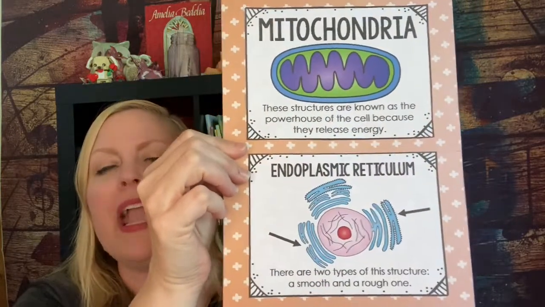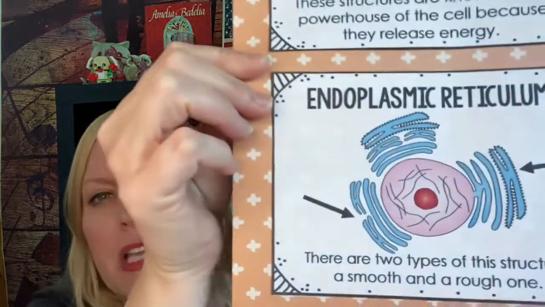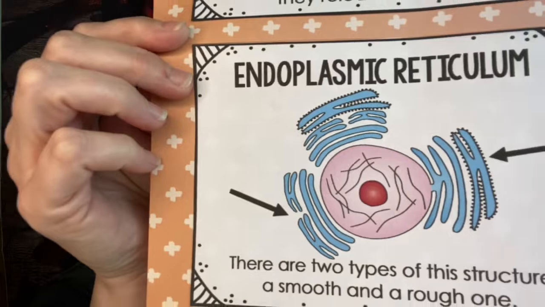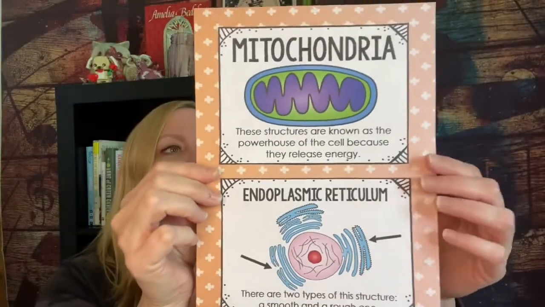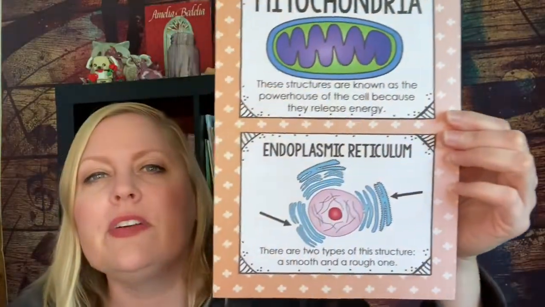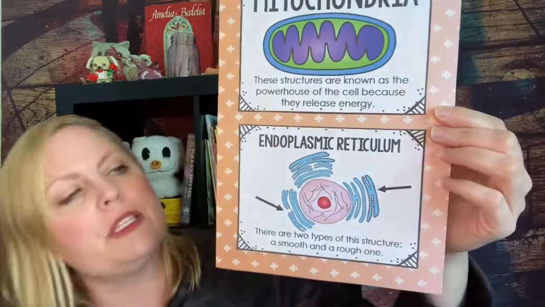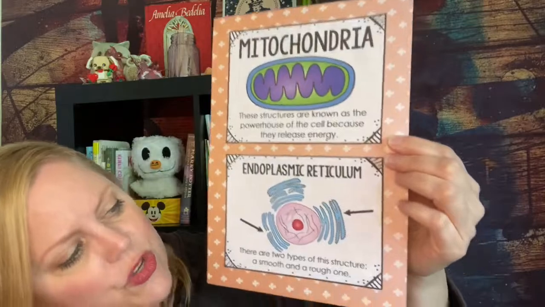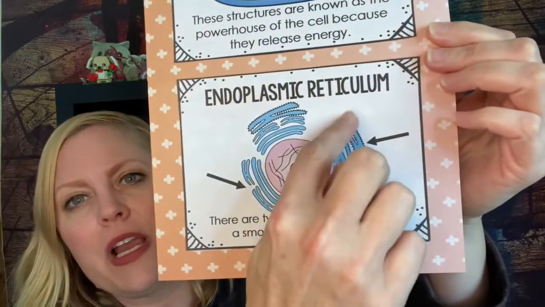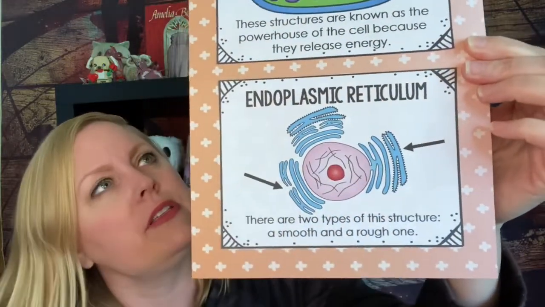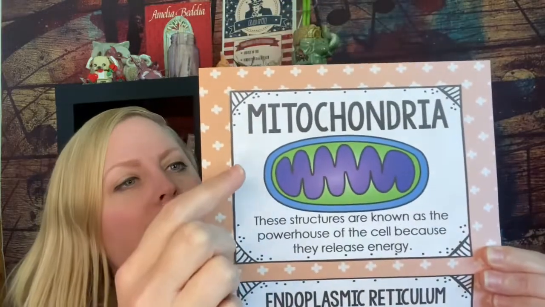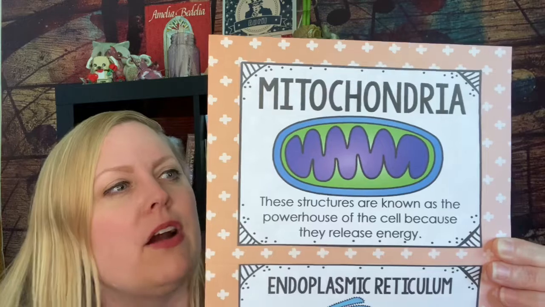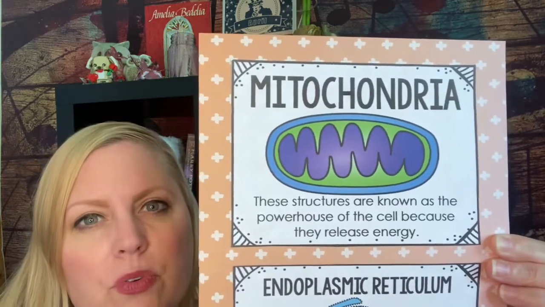It's smooth and rough. Okay, if you see up close, it's got kind of some spikies on it. Okay, it serves as an internal delivery system for transporting materials that the cell needs.